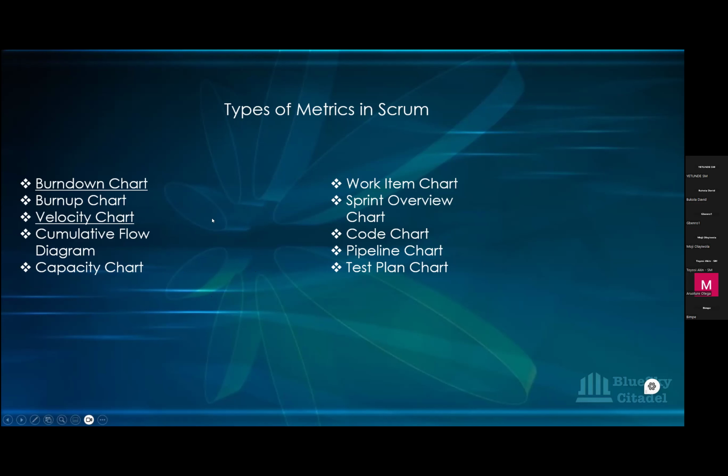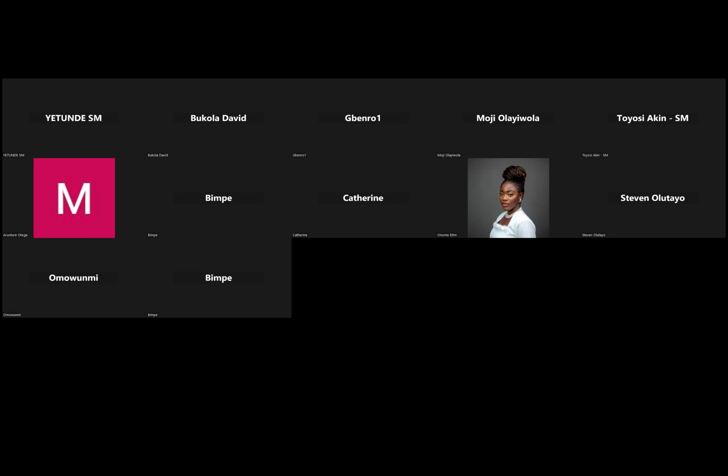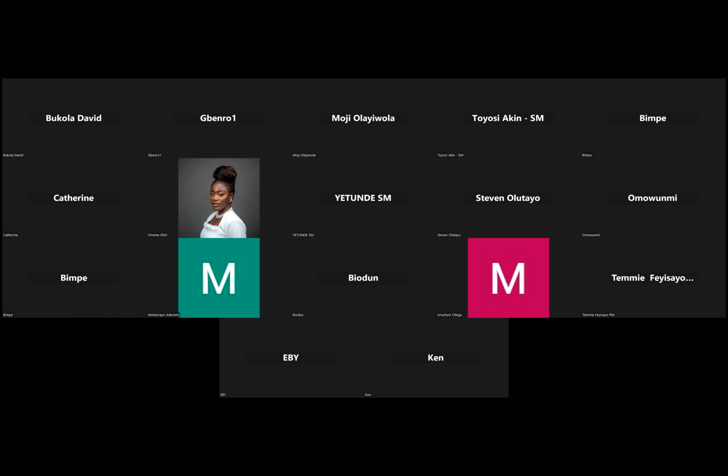Okay, quickly, I'm going to stop sharing, and then let's get one person with a show of hands. Anybody that wants to share the screen, go on their project board so that we can generate different charts. Okay, so are you the same team? Let me start with that first.